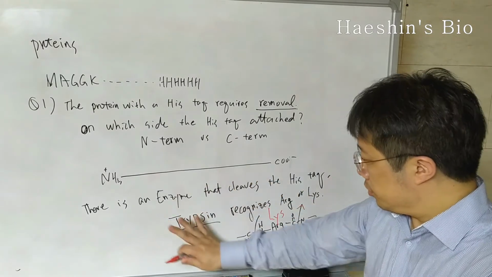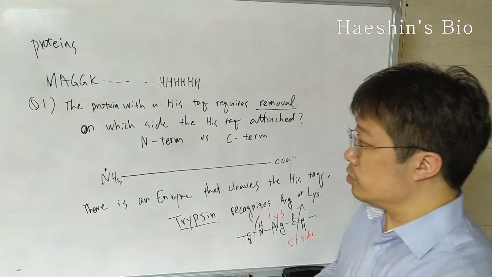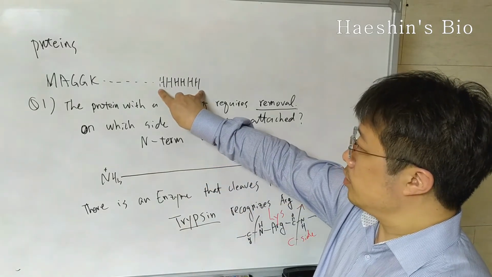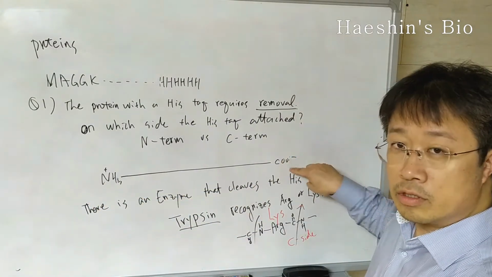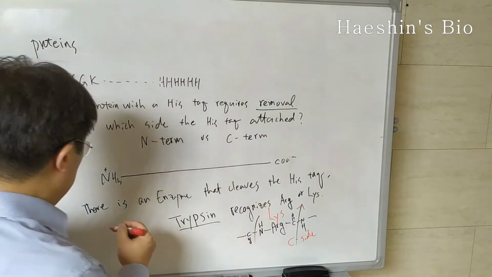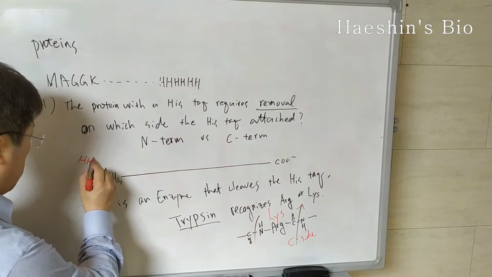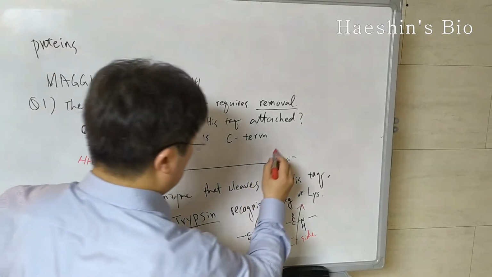So now, considering this, you can answer the first question: which side does the histidine tag have to be attached, here or that? So the answer is actually here. You can think about two cases, some histidines here, and also histidines here.